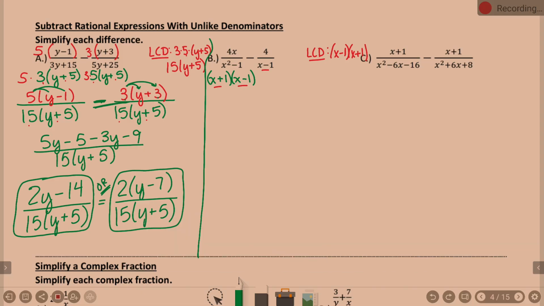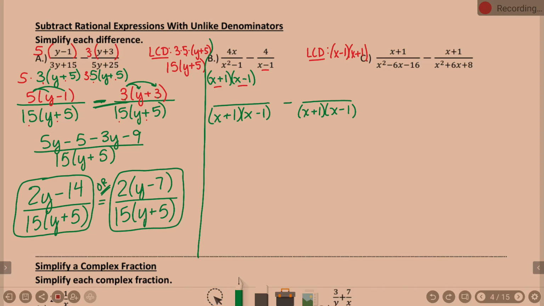Are you guys at the point you can stay ahead of me? Common denominator, x plus 1, x minus 1. X plus 1, x minus 1. I'm putting it in both fractions. What about my first fraction? What's my denominator missing?